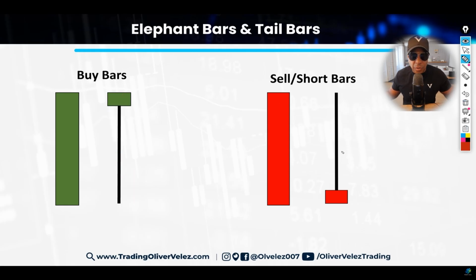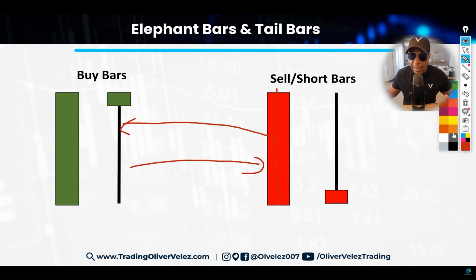That's the comeback story. Your tail bar is the comeback story. It turns this bar into that bar. It turns weakness into strength. So your tail bar is the comeback story. Everyone loves a comeback story.